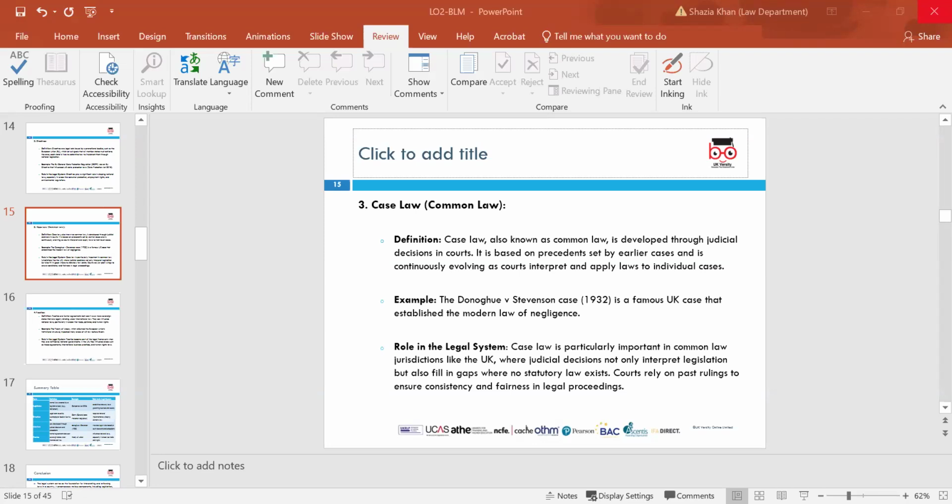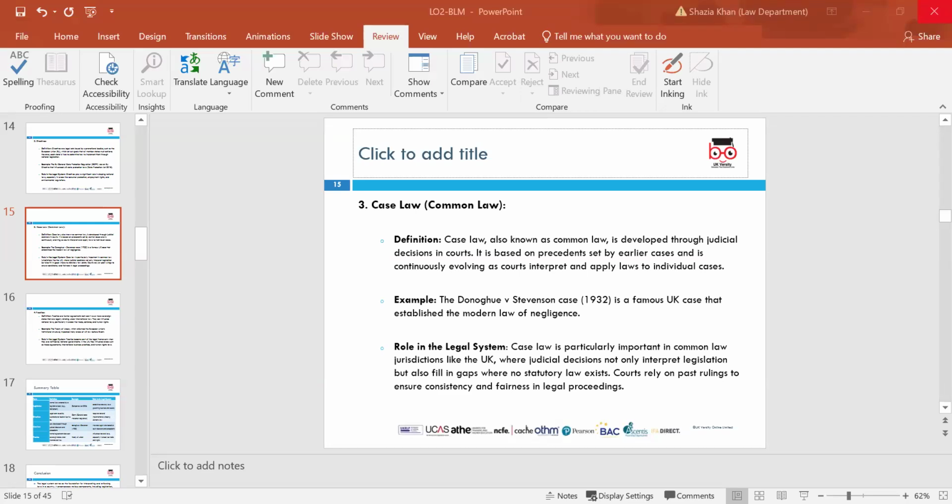Case law is really important in the UK, and it's an essential element. There are parts that it helps. It supplements legislation. When legislation is ambiguous or silent on a particular point, case law fills in the gaps by interpreting the legislation and providing guidance. It promotes consistency and fairness by following precedents.